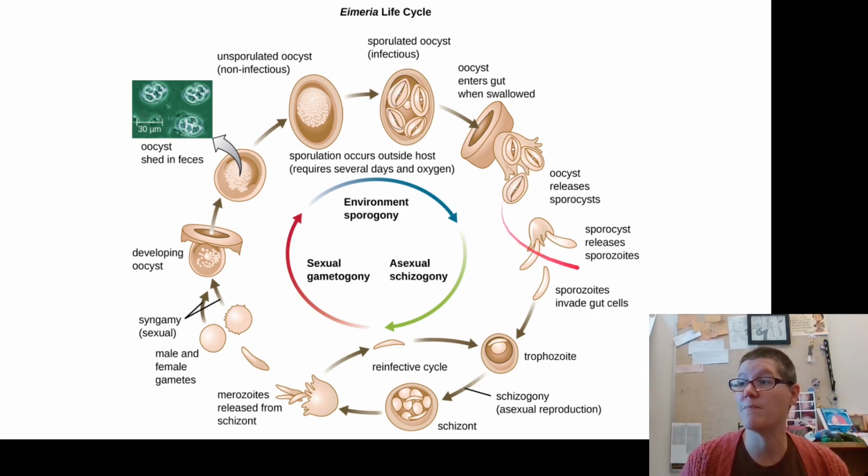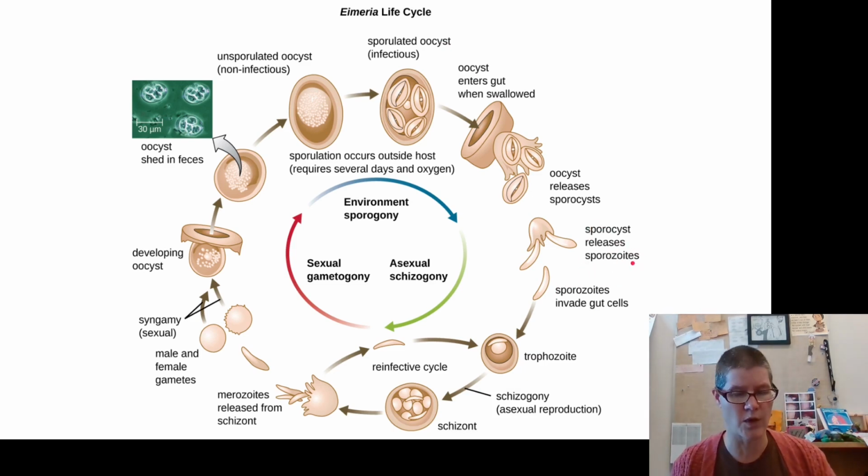Once they enter the human body, now they can say, hey, this is a much better place to be. Let's release the stuff from the cysts. And so in this case, we call this the sporocyst, and it releases the sporozoites, which are similar to spores. And we'll get more to spores a little bit later. And this is all asexual. Since it is asexual, that means it doesn't need other things to reproduce.